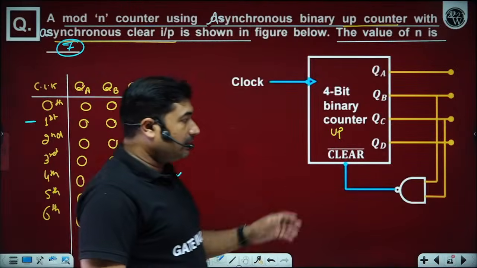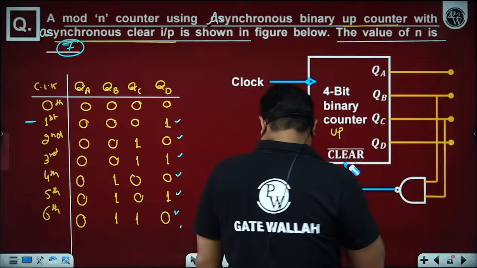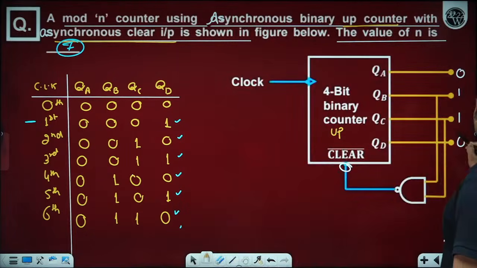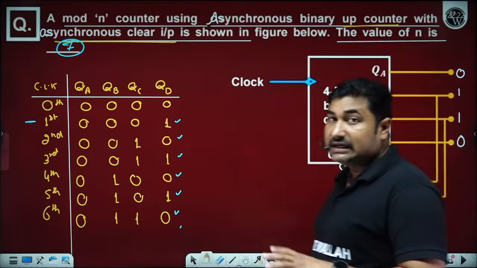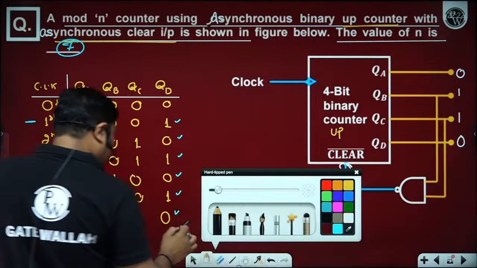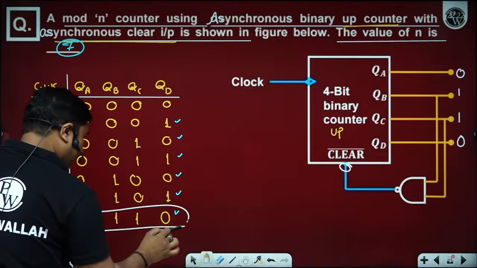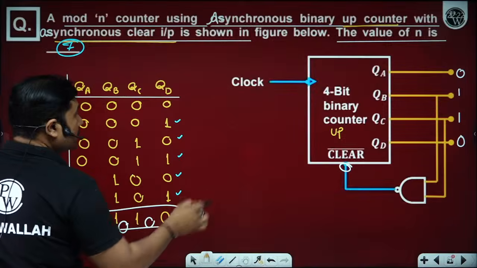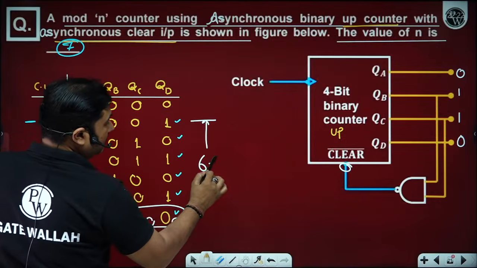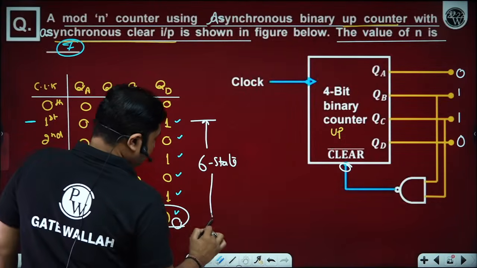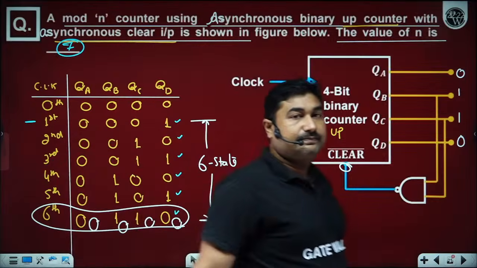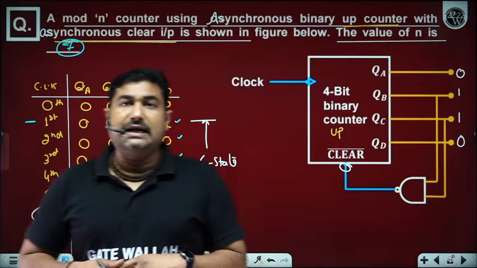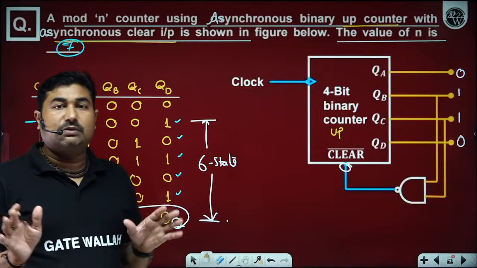Why? Because on the binary condition of 6, 0 1 1 0, we get the clear condition. So instead of getting this state, we would get 0 0 0 0. So how many different states do we have? Only 6 states. So that is the basic difference between asynchronous clear pin and synchronous clear pin. Hoping all of you able to understand.